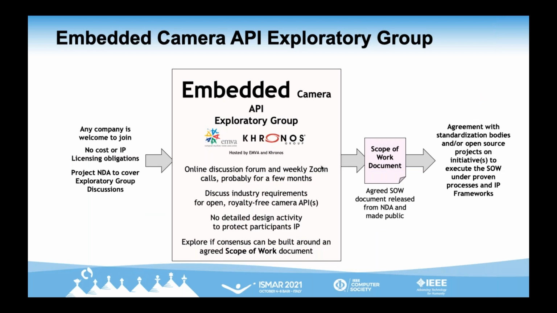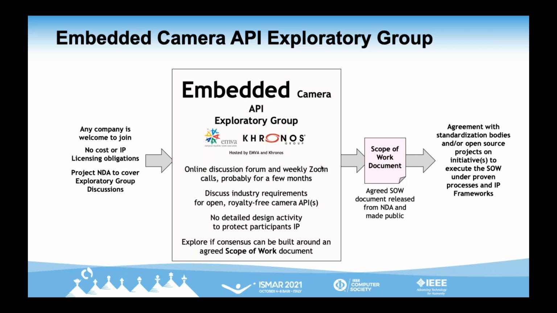In addition, since March 2021, there's been an exploratory group around camera APIs. I keep this image to tell you about how the Khronos Group has collaborated with the Embedded Vision Alliance to make this exploratory group very inclusive.